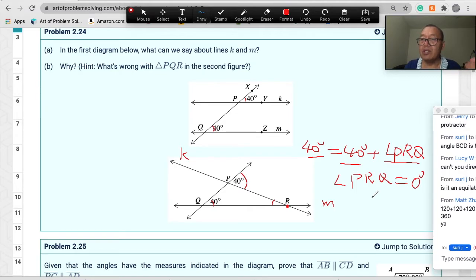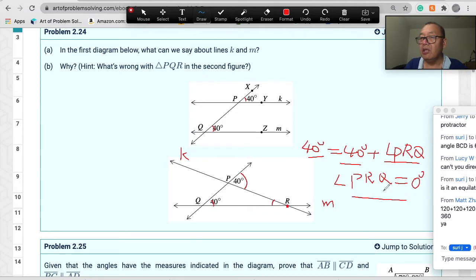So what is the reason that causes this contradiction? Because you assumed this line K intersects with this line M somewhere, then they'd form a triangle. If you don't assume that they intersect, and you accept that they are parallel, then we cannot get this contradiction.